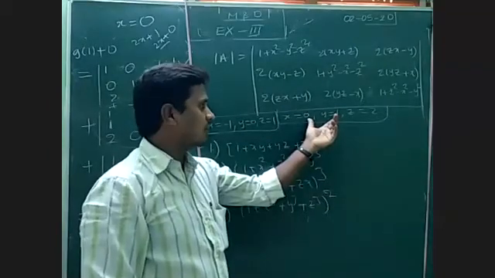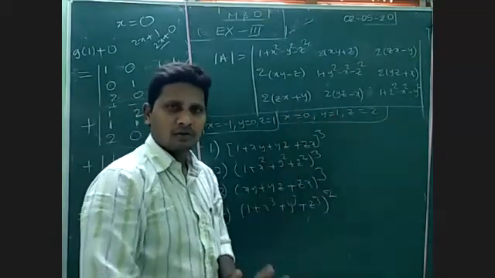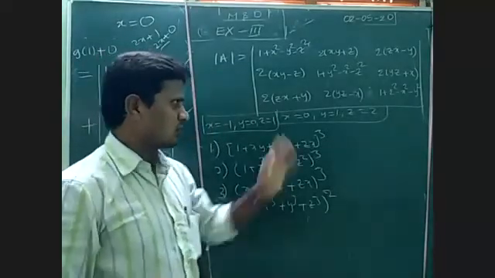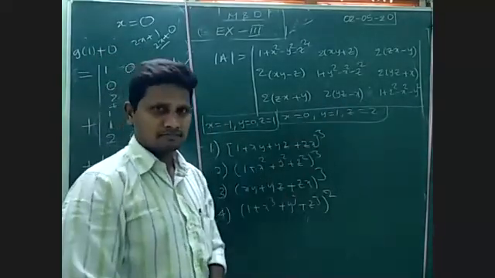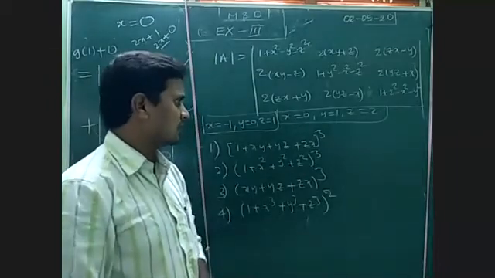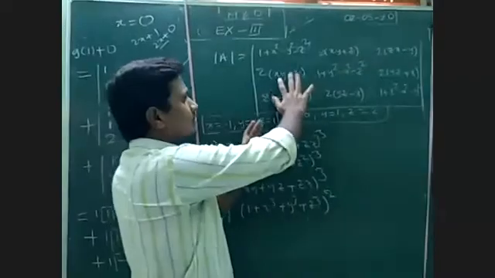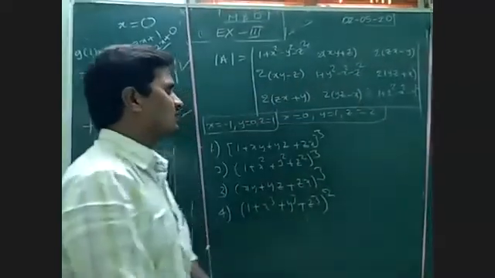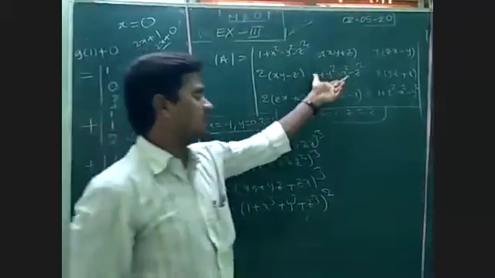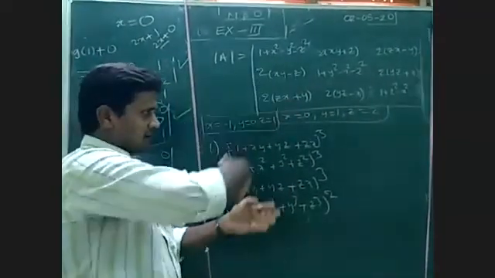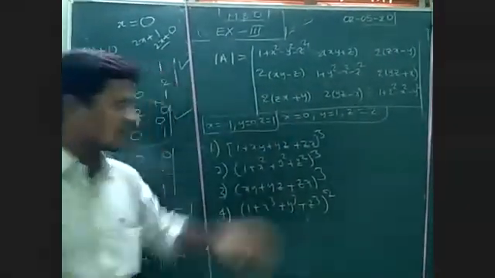Don't take large values; take 1, 0, minus 1 or 2, maximum 3. Don't take more than that. After substituting, expand this 3 by 3 determinant, you will get some value. The same values substitute in the options and check which one gives the same value.